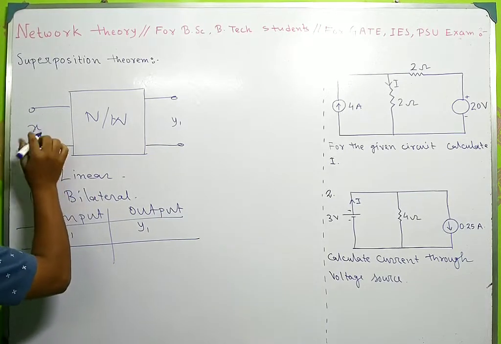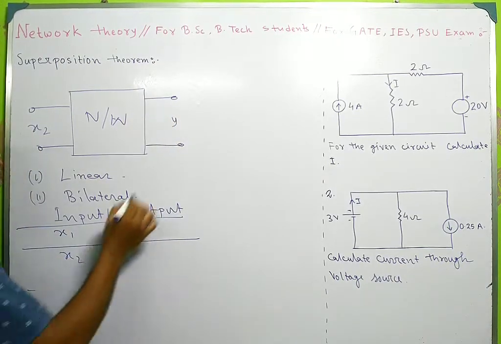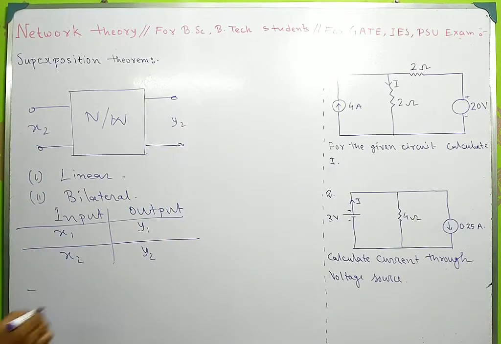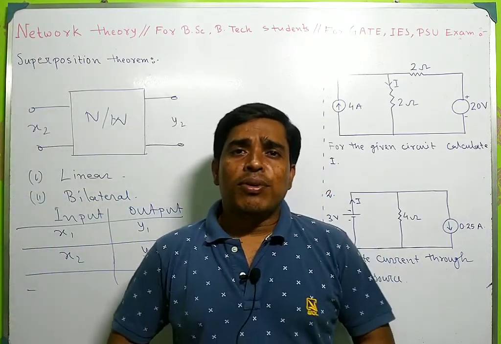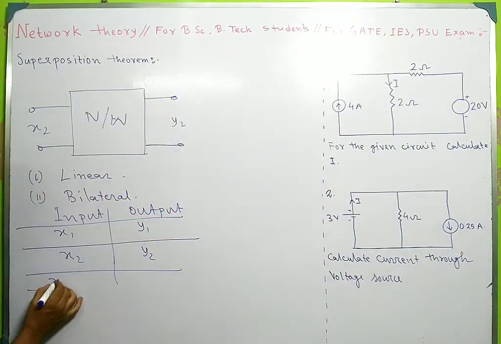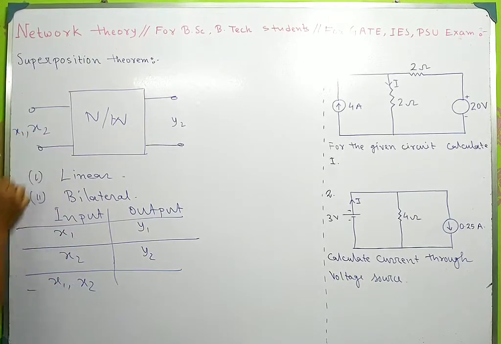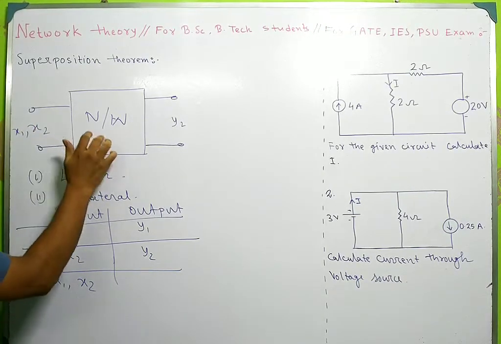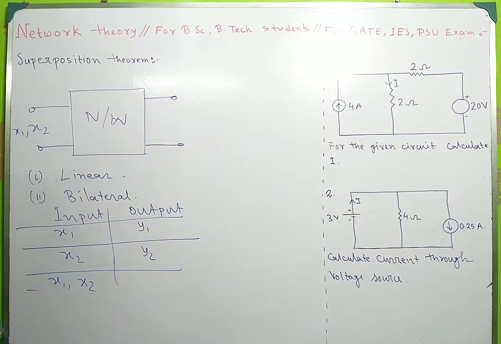Now if you give the input x2 in this network, suppose this output is y2. Now if you want to give both the inputs x1 and x2 simultaneously in this network, then what will be the output of this network?